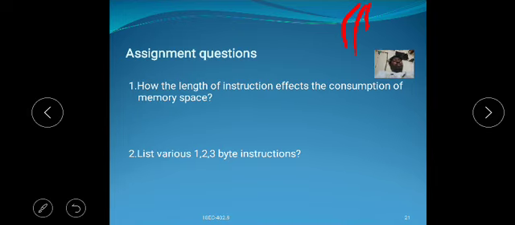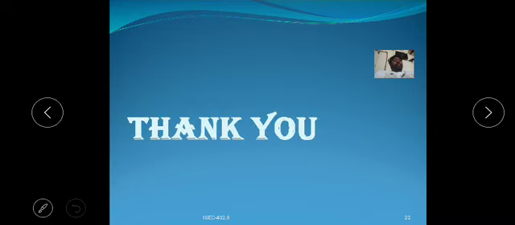You have to list the various 1 byte, 2 byte, and 3 byte instructions. In this particular class we discussed 1 byte, 2 byte and 3 byte instructions, and examples of them also.